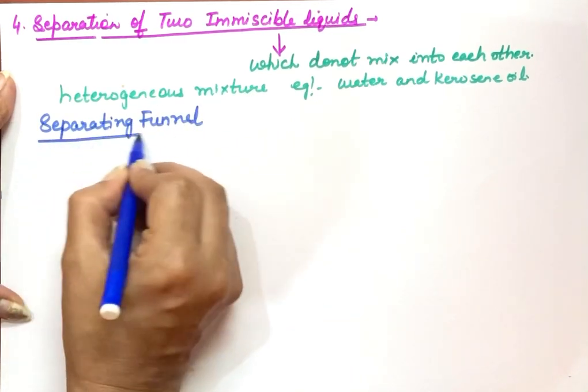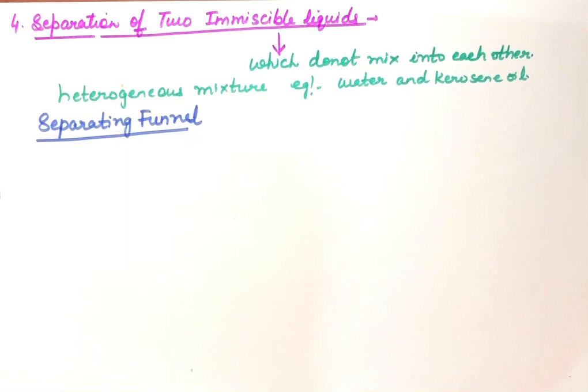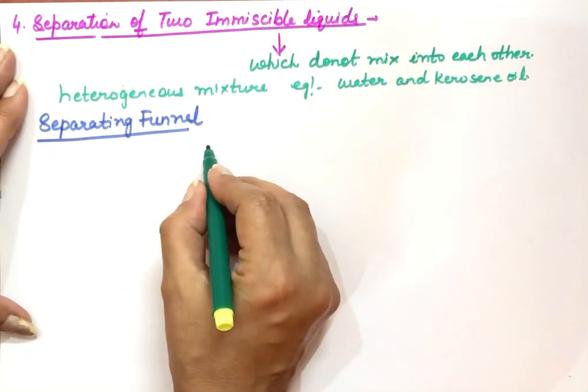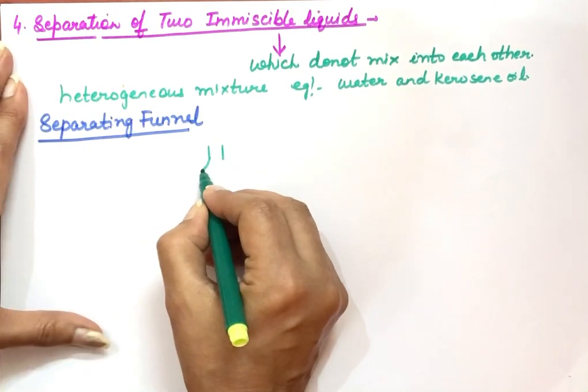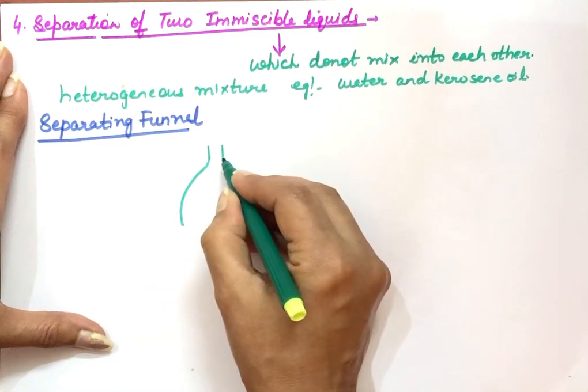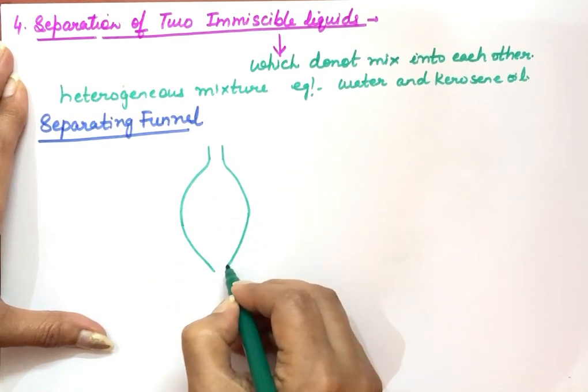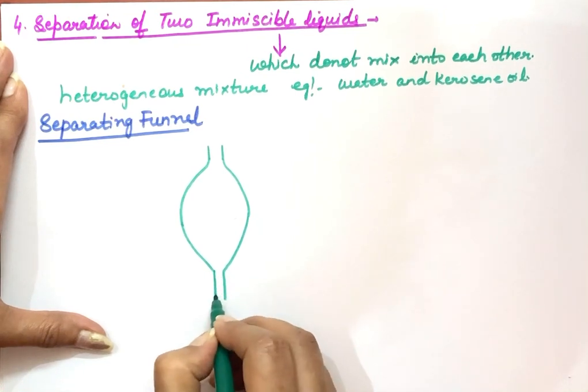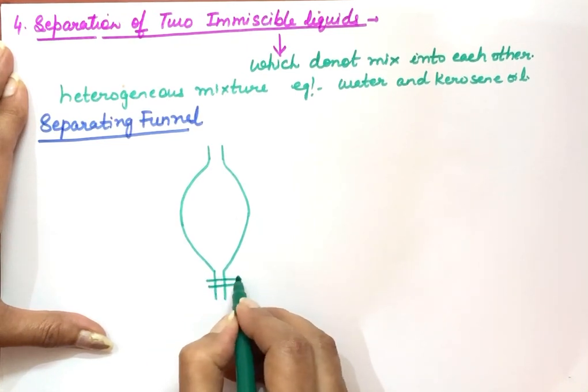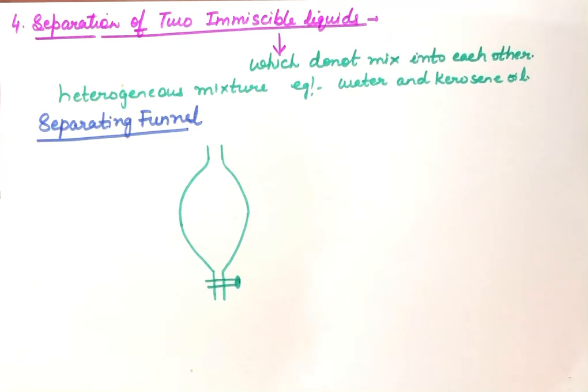What is a separating funnel? It is a flask which is narrow at the top, then widens in the center and again narrows down at the bottom part, like this, and there's a stopcock here to open or close it. In this separating funnel, we take the two liquids that we want to separate.